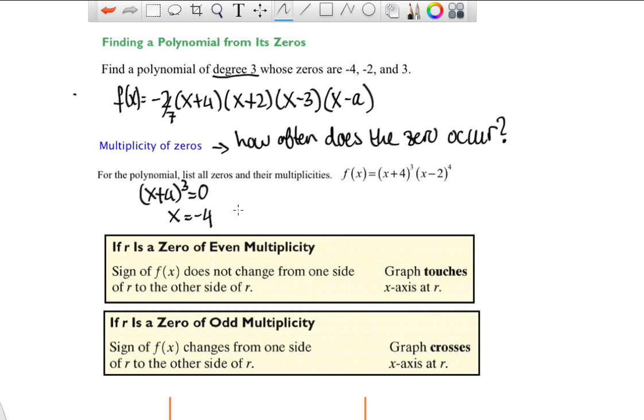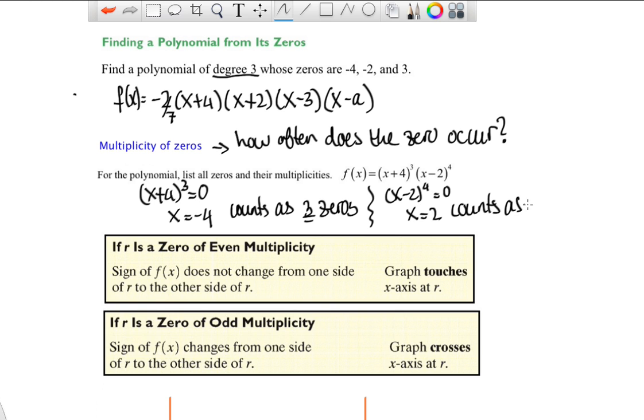But this cubed means that it counts as 3 zeros because it occurs 3 times. So the multiplicity here would be 3. And if I look at (x minus 2) to the 4th equals 0, then x equals 2 is the zero, but because of that exponent, this one counts as 4 zeros.